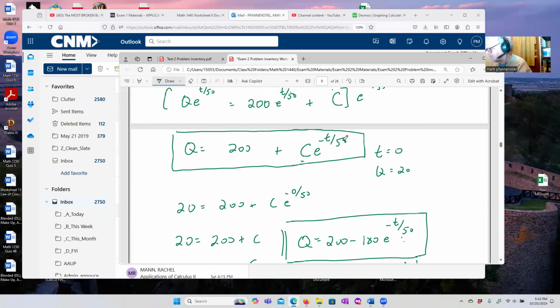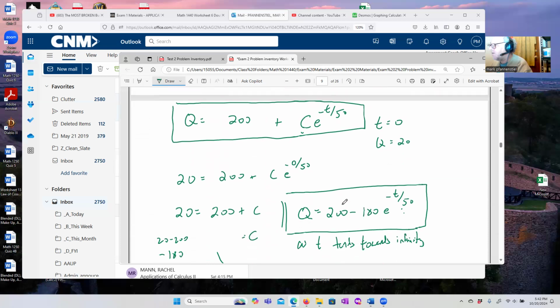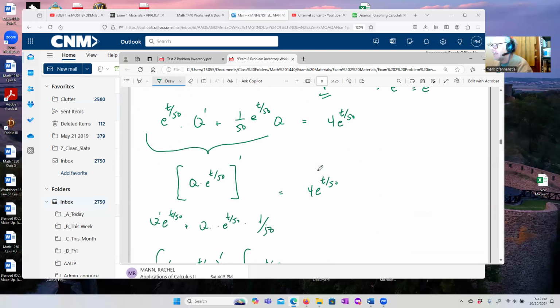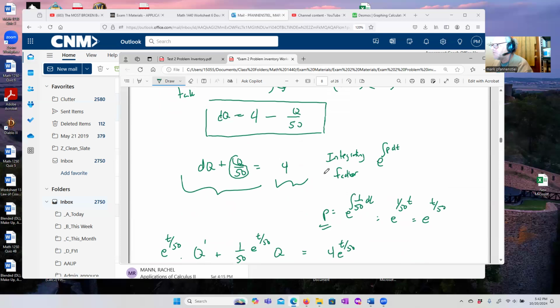On the practice test, I failed to ask you any, but on the test, I will ask you. Come up with an equation for the amount of salt at any particular time. I might ask, what happens after 4 hours? What happens as t goes to infinity? What happens if it ran for 3 days? Those are the little check places I'm looking for. Did you set up the word problem correctly?